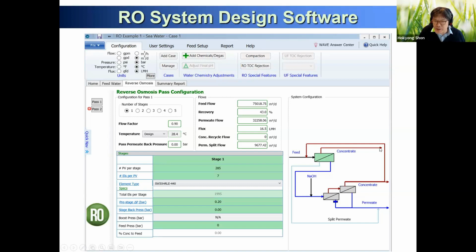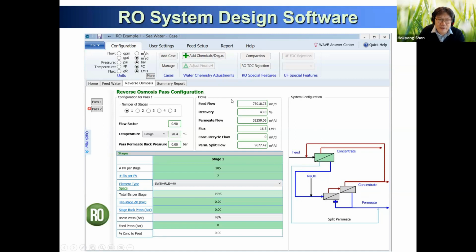They want to increase the recovery ratio, which is why we put the second stage at the second pass location. If you click pass two, it will show the second stage.